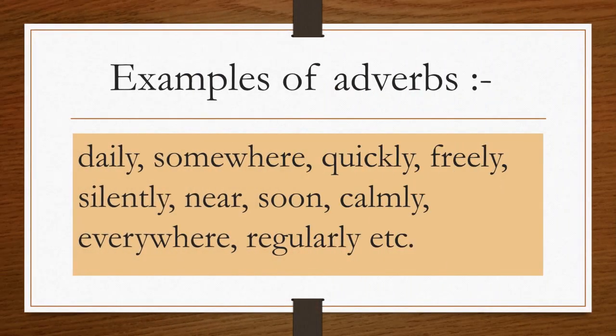Some examples of adverbs are daily, somewhere, quickly, freely, silently, near, soon, calmly, everywhere, regularly, etc. Now, here you saw most of the words are ending with ly. So, we say that most of the ly words are adverbs.